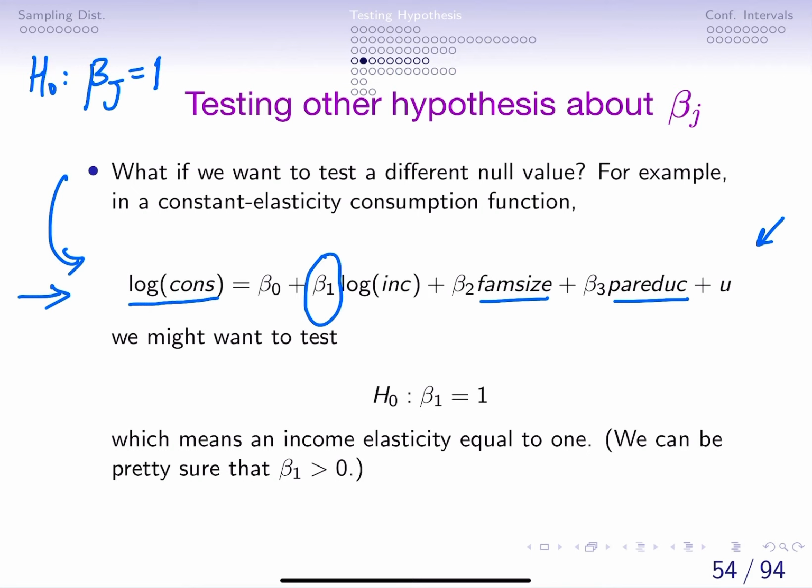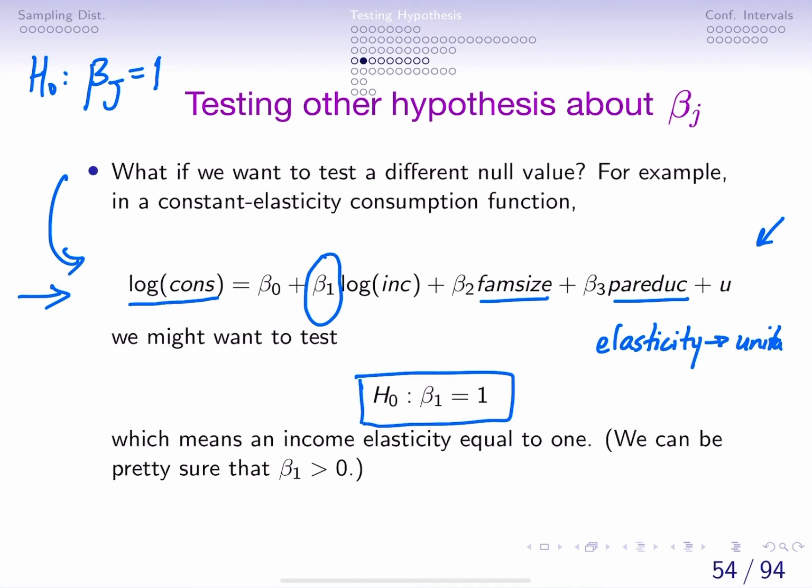So we can set up our null hypothesis in such a way where we are testing. The null is basically saying we are hypothesizing that this elasticity is unitary. So the elasticity here is unitary, meaning it is 1. And this is what we want to test, right?